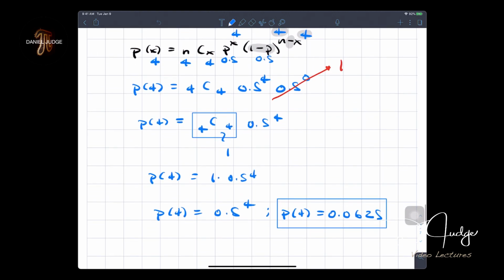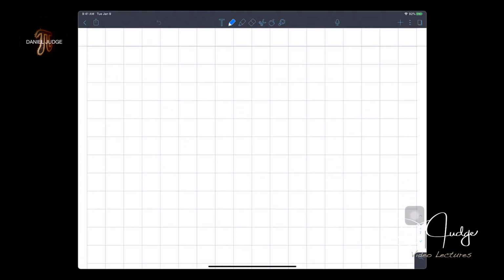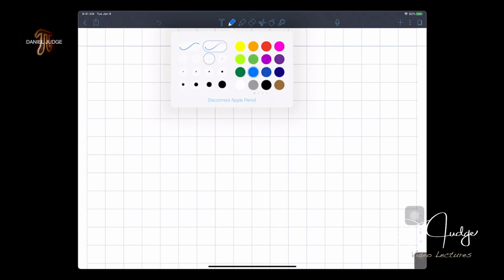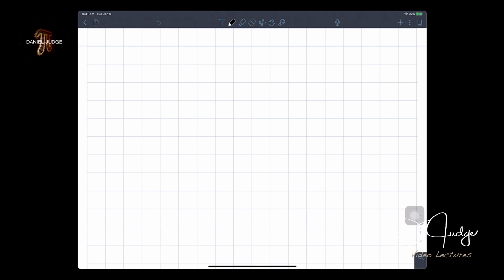What I want to remark here, the starting of this lecture, if you guys remember, the binomial probability distribution formula. So for the binomial, right, we need 3 things.